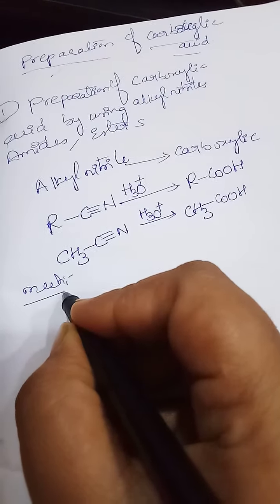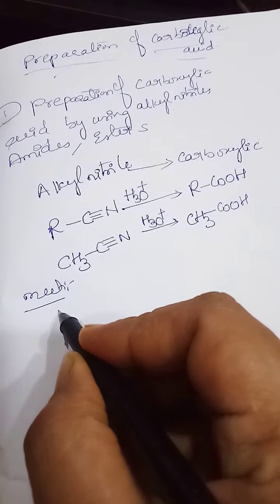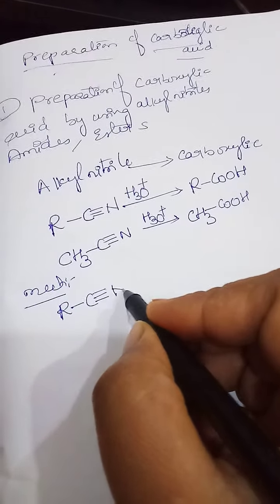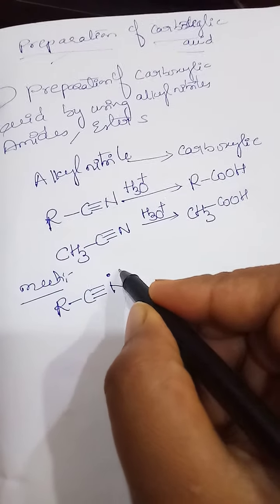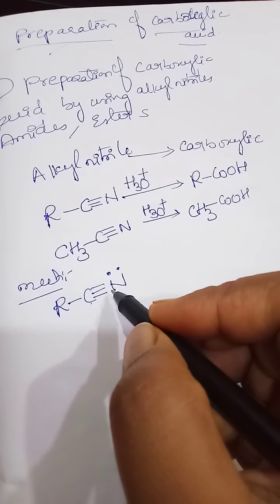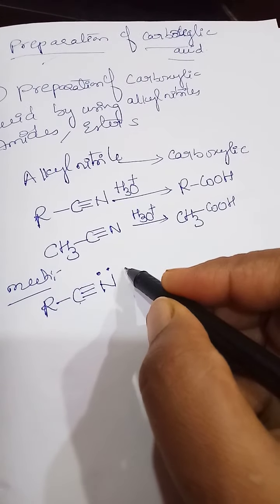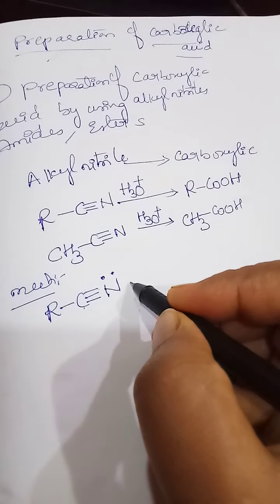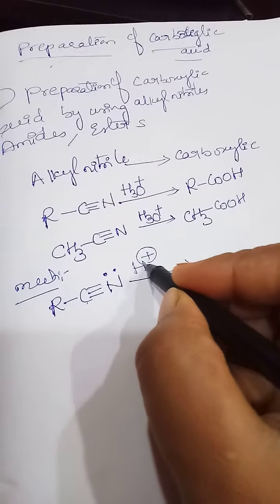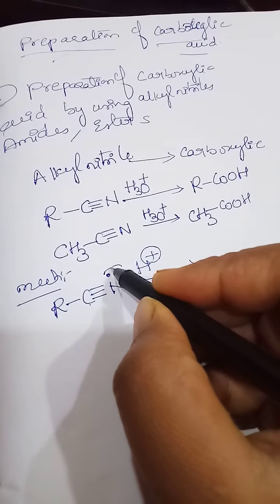Here I am taking R, C triple bond N, and apart from the 3 bonds, nitrogen is also having a lone pair of electrons. Now in acidic medium, when you add a dilute acid, what happens here? These are the lone pair of electrons.